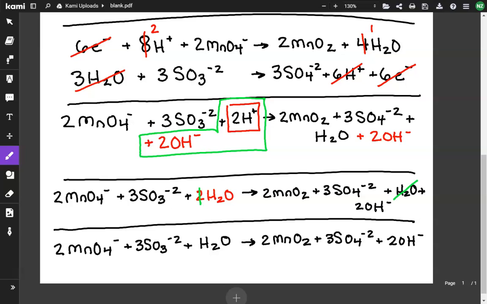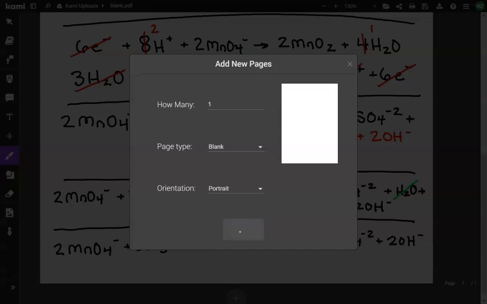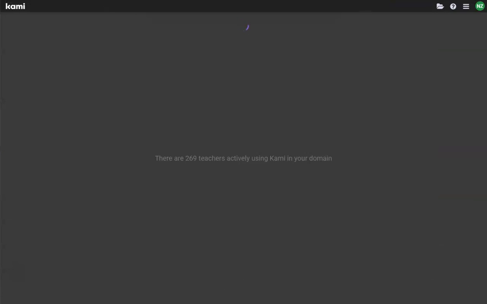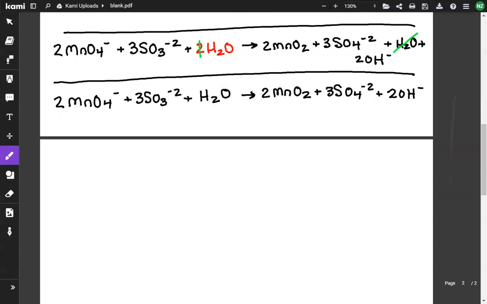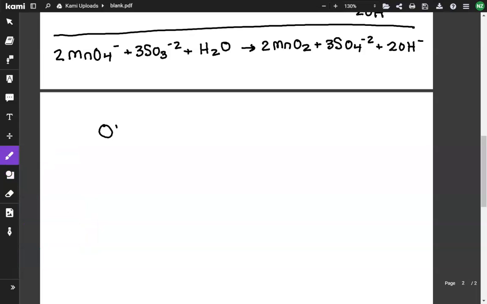Why did that become water? That's a good question. Okay, so the question was, why did that become water? So let me add another page. So you have an OH, and then you have an H. We have 2 of these, right?